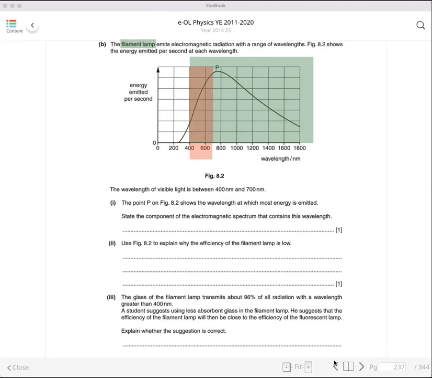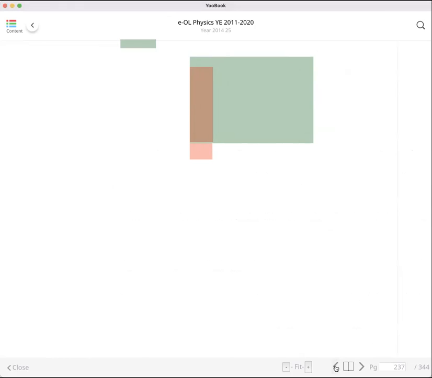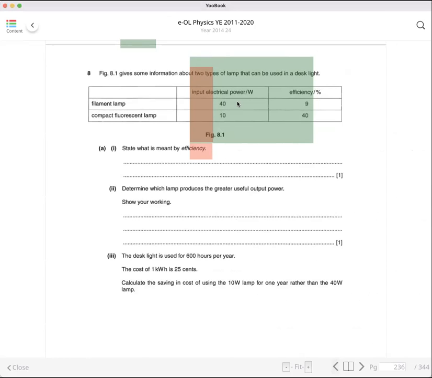So this is for filament lamp. Filament lamp is 9%. Fluorescent lamp is 40%.